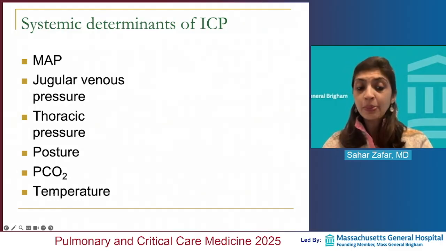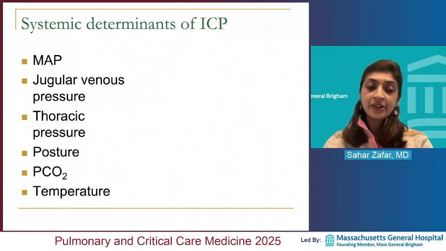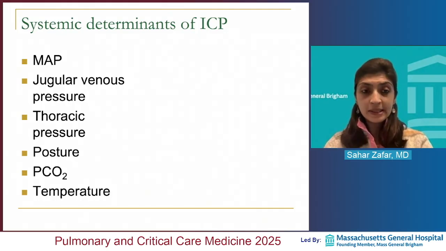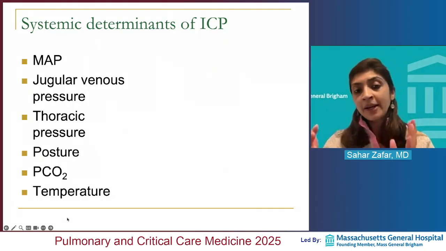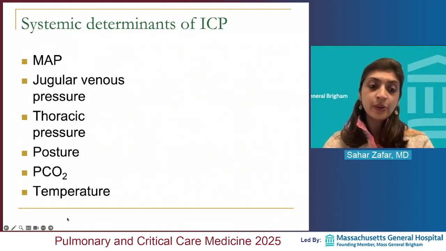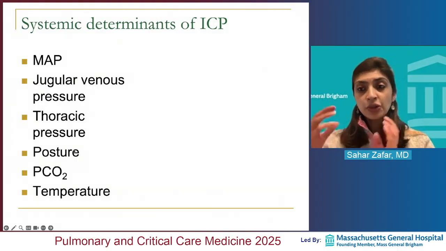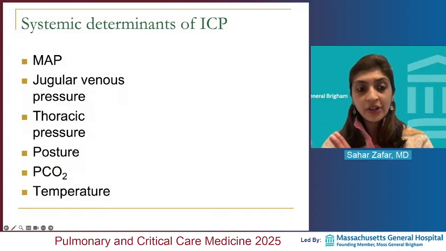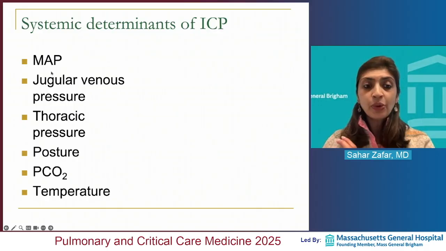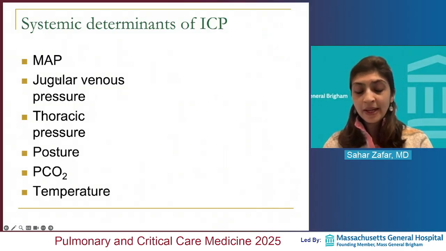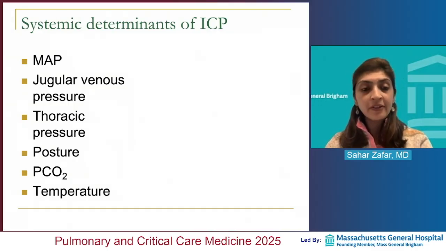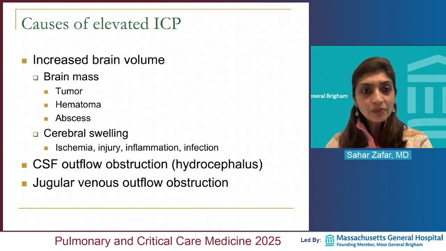Higher temperatures, hyperthermia, can result in higher intracranial pressure as well as cerebral edema. So when we think about managing, and we'll get to management in a few slides, in addition to the treatments we institute for intracranial pressure, these are key components that we have to keep in mind as we're managing patients that have elevated intracranial pressure.